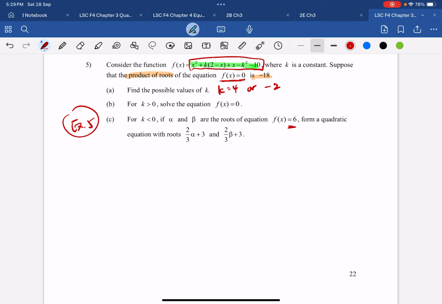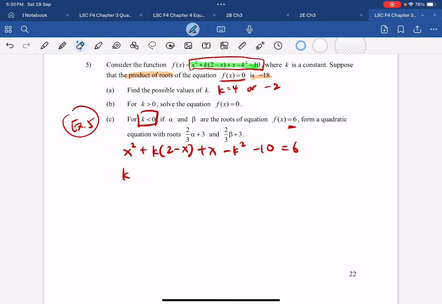Okay, so let's see. f(x) equals 6 means x squared plus k times (2 minus x) plus x minus k squared minus 10 equals 6. But now k is more than 0, so you put k is negative 2.